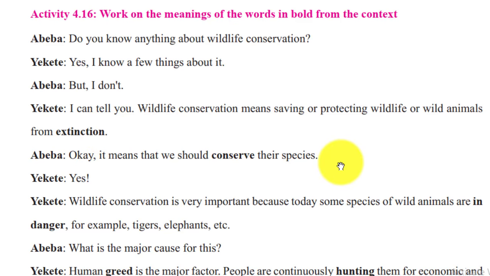When we see the surrounding context, it is talking about the mechanism of how animals are protected.